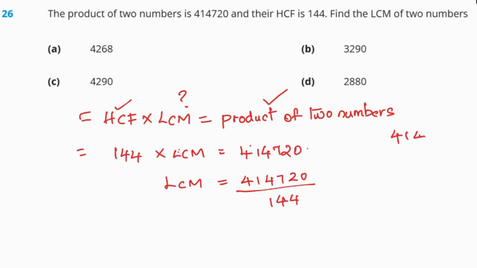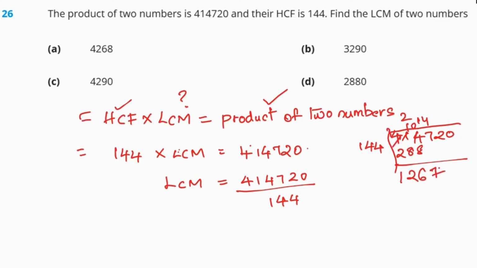So 4,14720 divided by 144. 144 times 2 is 288.